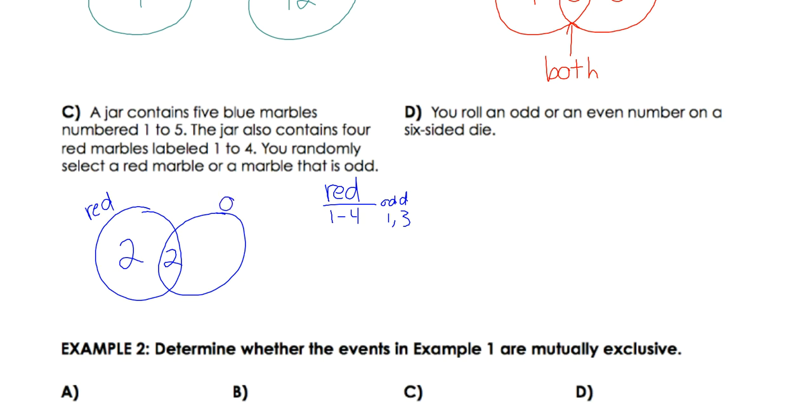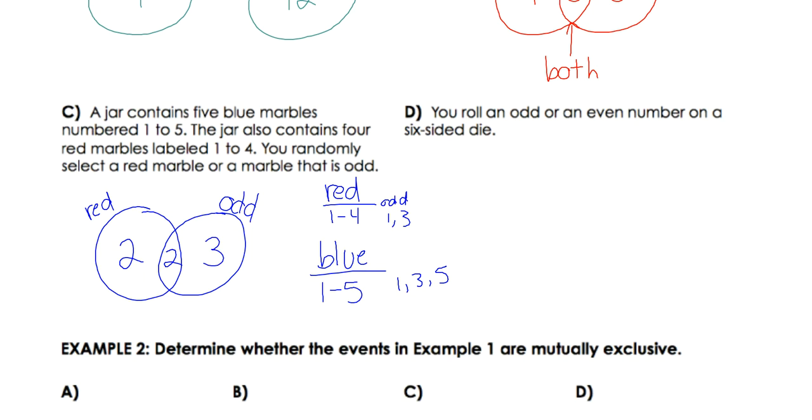The other event is picking an odd. Remember, we also have these blue marbles, numbered 1 to 5. The odd ones would be 1, 3, and 5, which would be 3 more that are odd but are not red. So that's what my Venn diagram would look like for that situation.